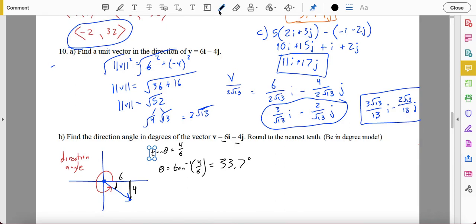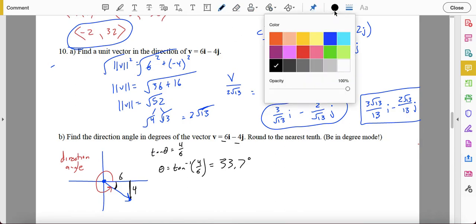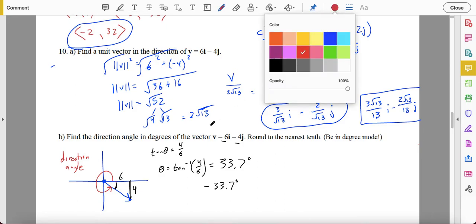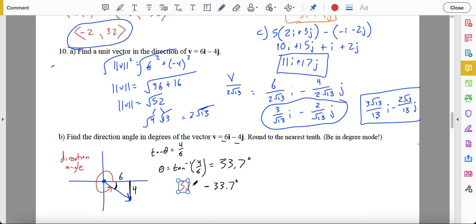So therefore the red angle is going to be 360 minus 33.7. So I've got 360 minus 33.7, which is 326.3 degrees.